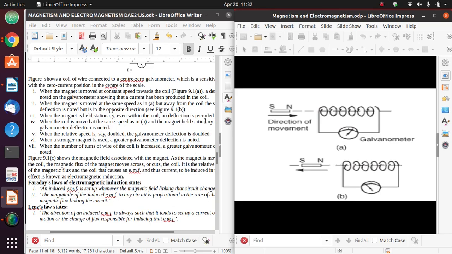Now, we can have in this case, tumekuwa tukiongea about electromagnetic induction by moving the magnet. We can move the magnet within the coils. The conductor is stationary and the magnet is moving. We can also have the principle of electromagnetic induction by having a permanent magnet ambayo imekuwa haisongi.